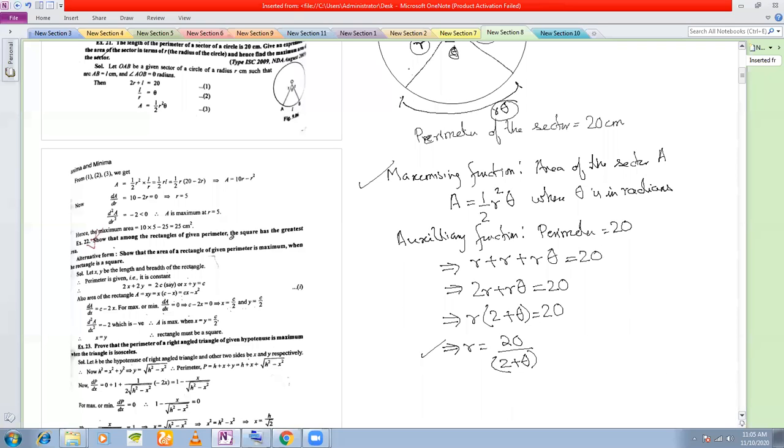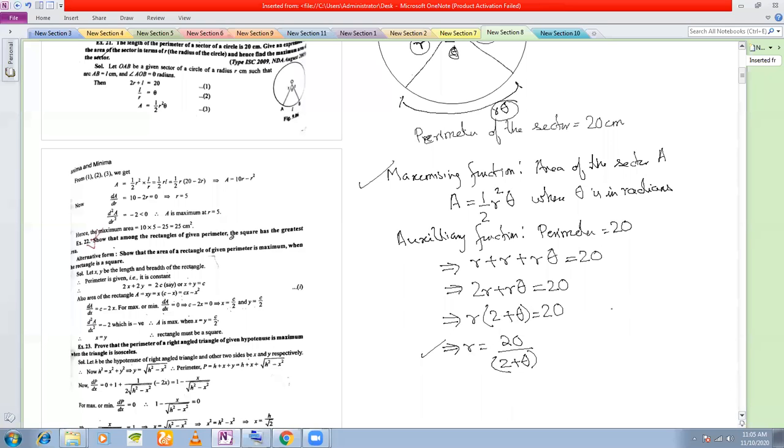Therefore, what is the area here? Half r square into theta. Put the value of r from the auxiliary function into the maximizing function. Now we have got area in terms of theta only, right? Just simplify this a little.